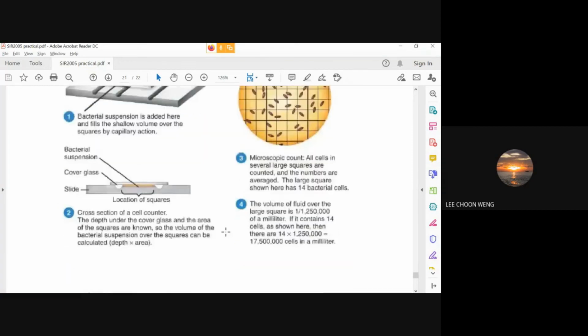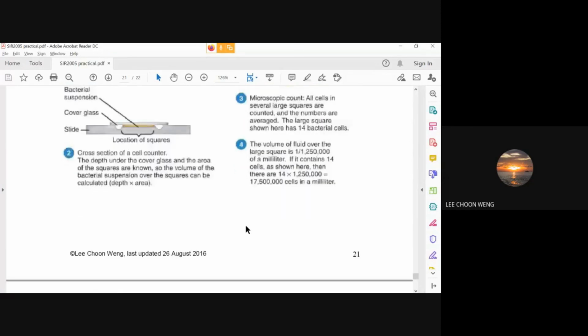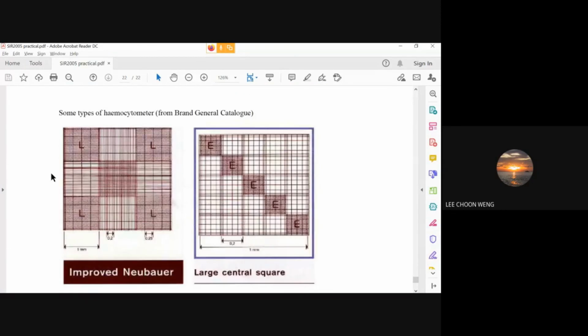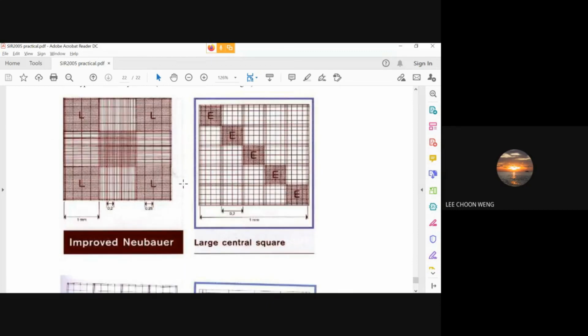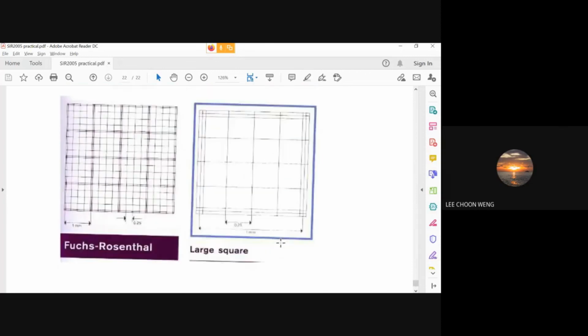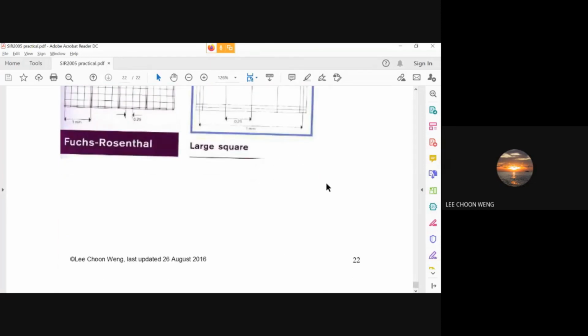That is a very important differentiating factor between them. You have different grids depending on the type of hemocytometer that you buy. I personally prefer this improved Neubauer, because the visibility here is much better than the other grids.